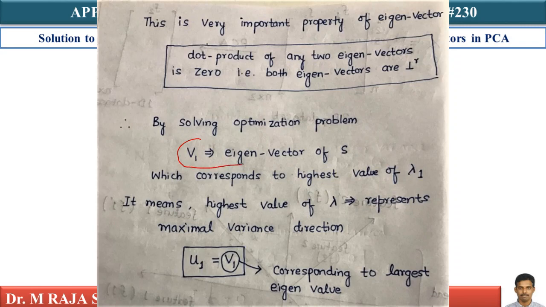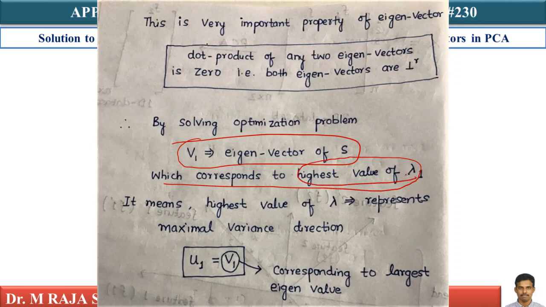V1 is an eigenvector of S which corresponds to the highest eigenvalue. As I told you, we arranged them as lambda 1 greater than or equal to lambda 2 greater than or equal to lambda n, so the highest eigenvalue is lambda 1, whose corresponding eigenvector is V1. Therefore, V1 is the eigenvector of covariance matrix S corresponding to the highest eigenvalue lambda 1.